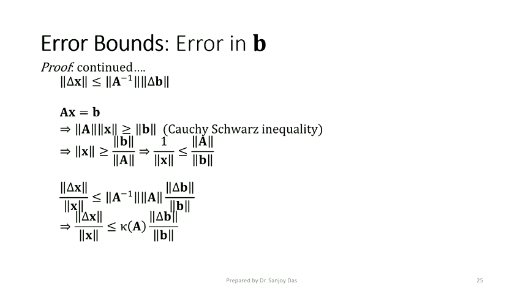So test for the condition number of the matrix first, and there are ways to estimate what the condition number of a matrix would be. Okay, so that's the upper bound.